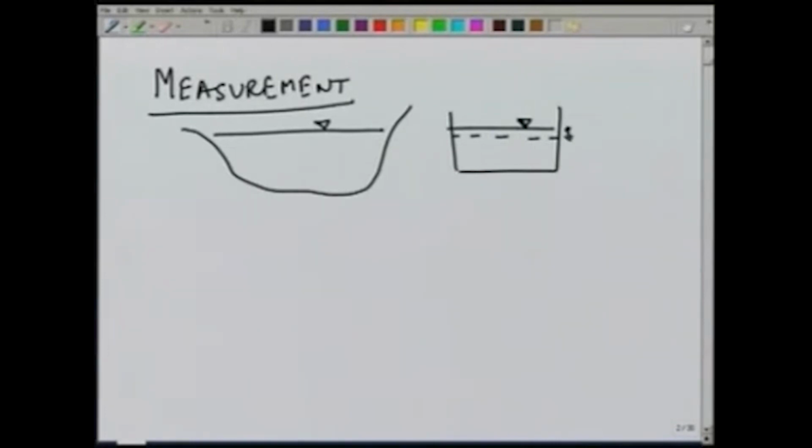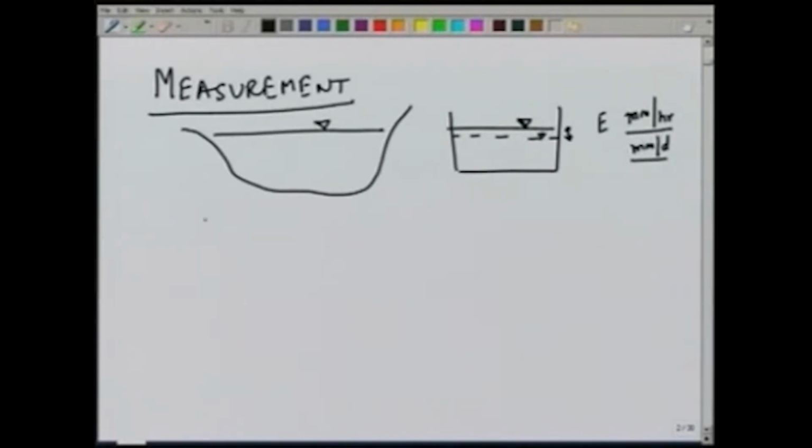This will give us an idea about the depth of evaporation. And then, knowing the time, we can find out the rate of evaporation in, let us say, millimeter per hour or millimeter per day, whichever units are convenient.